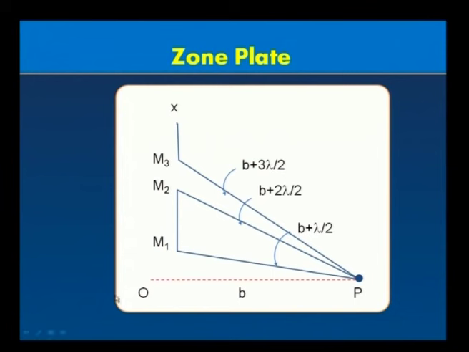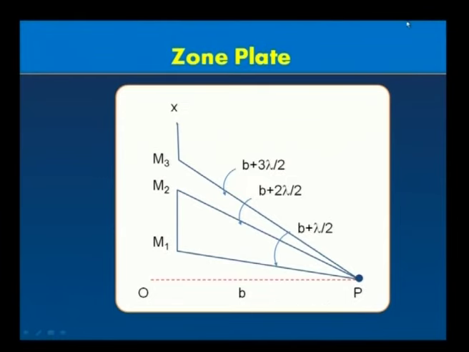We drew spheres with P as the center, with b plus lambda by 2 as the radius, b plus 2 lambda by 2, b plus 3 lambda by 2. These spheres intersect the spherical wavefront or a plane wavefront.